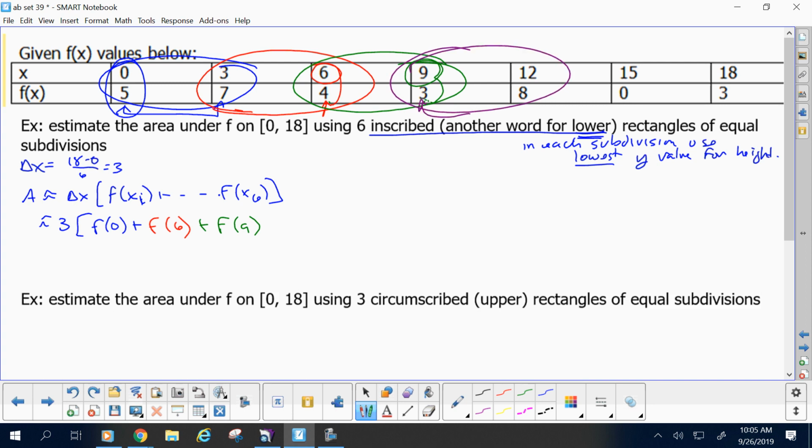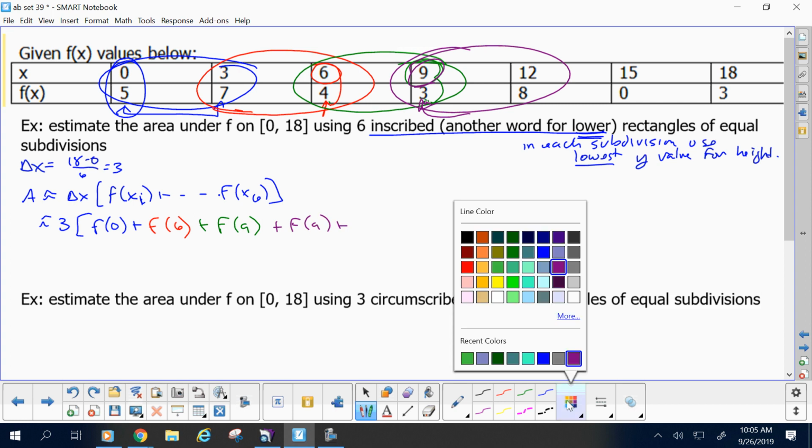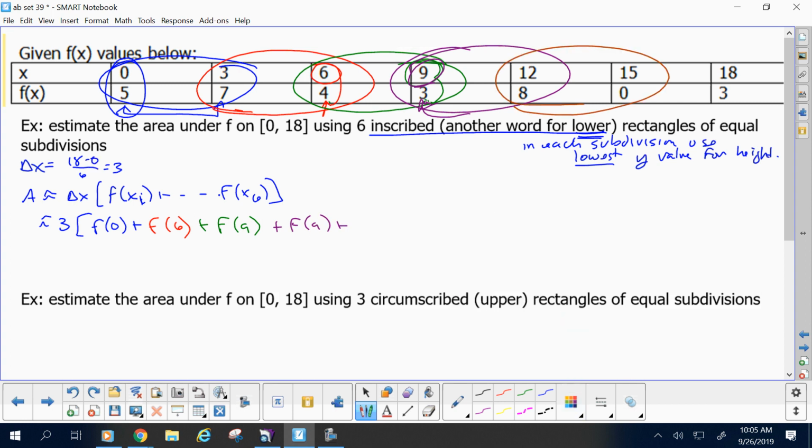What's the lowest Y value? It's F at 9. Then I change up and I go to 12 to 15. What's the lowest value? 0, which is F at 15. And the last is F at 15 again. You see where I'm coming from?